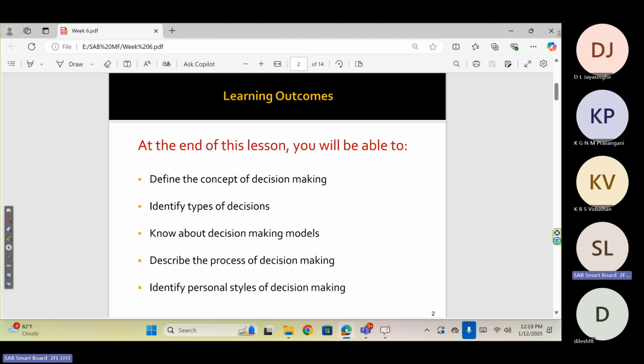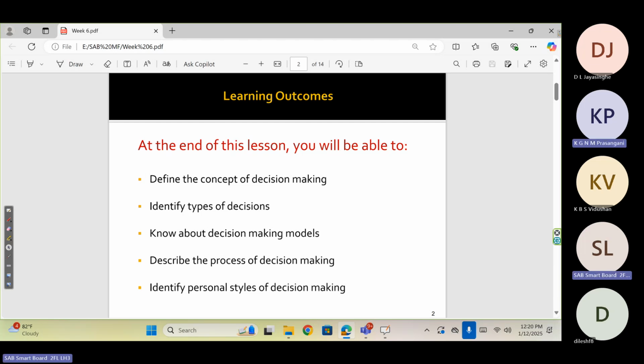Now this is a new lesson on planning. It is named the decision making process, organizational decision making or managerial decision making. Better to say organizational decision making.